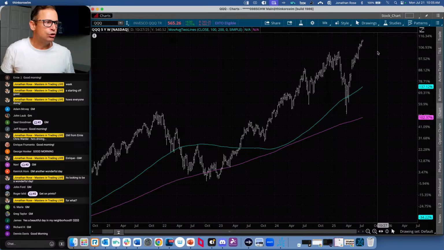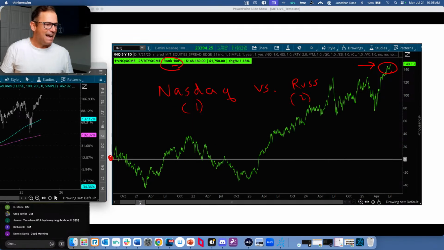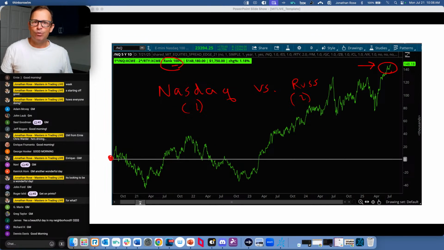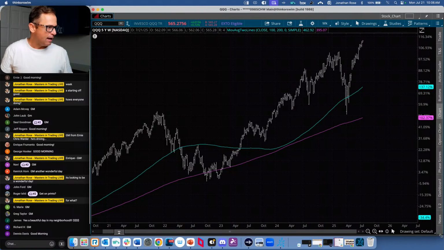The Nasdaq is super strong. But with the Nasdaq being so strong, I take you back to this chart. We know that the Nasdaq is expensive relative to the Russ, right? So what we've been doing in our community is we're long the Russell 2000.